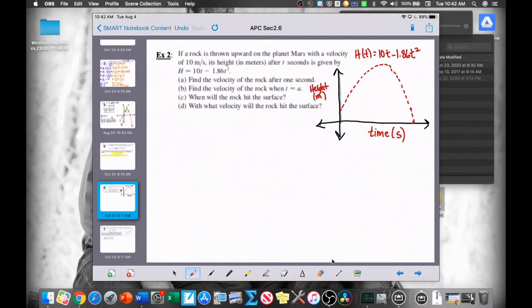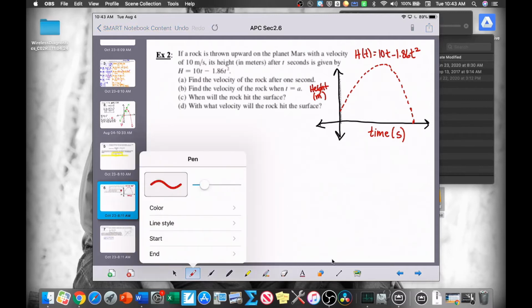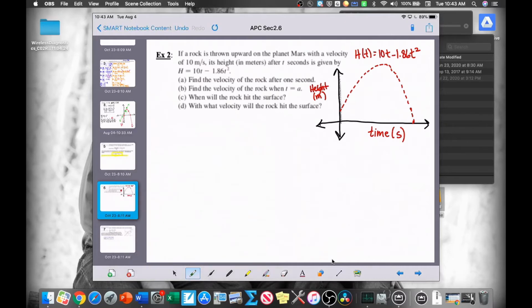We would just have to plug t in. So if we are talking about the velocity of the rock, then v of t at any time t is the slope of the tangent line to the curve at any time t.